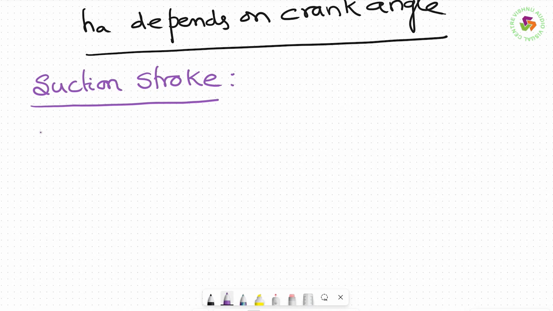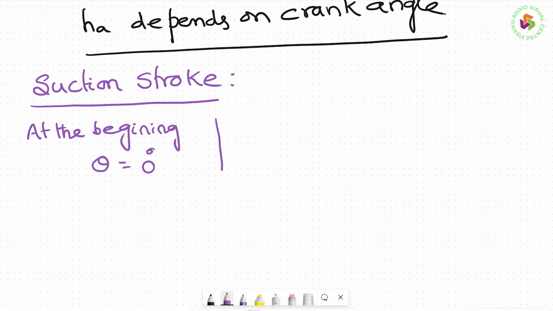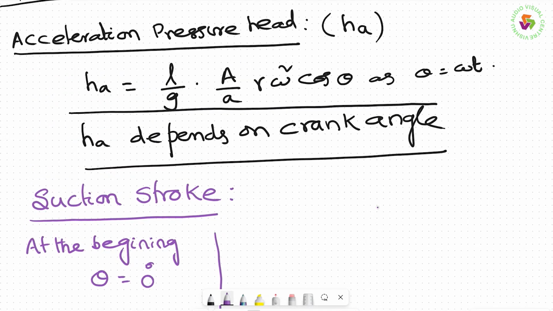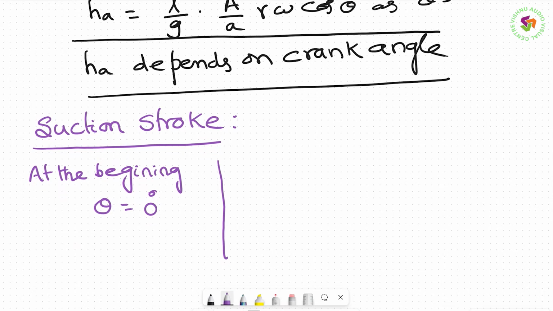At the beginning, theta is equal to 0 degrees. When theta is equal to 0, cos 0 is equal to 1.